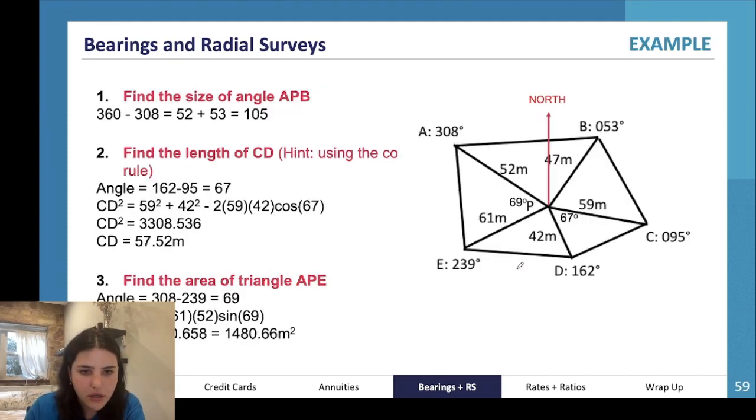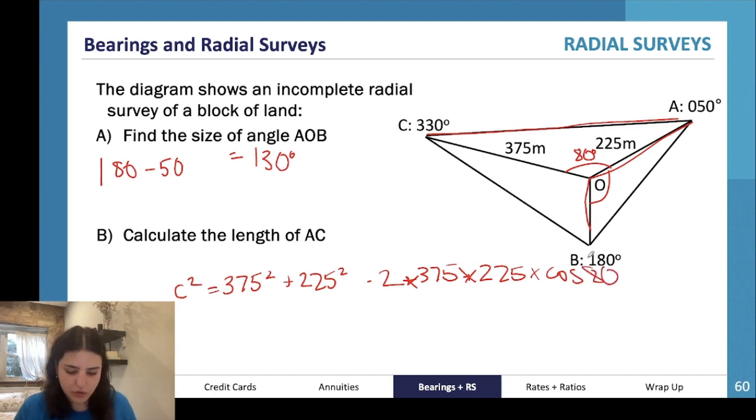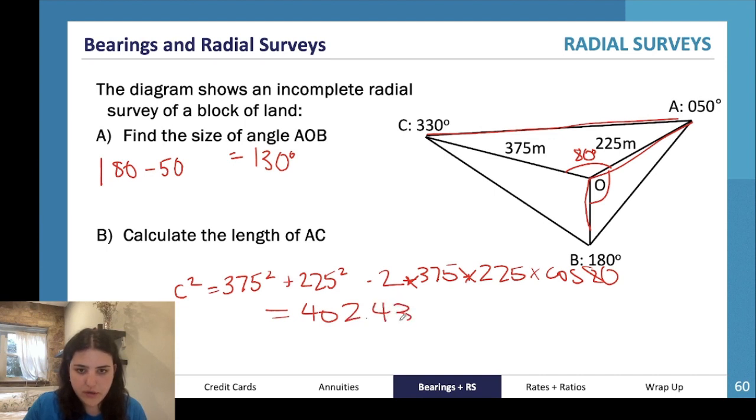Times, not plus. Times cos 80. And once we do all of that, and square root it this time, we get 402.426. So we'll say 402.43 meters for this side.